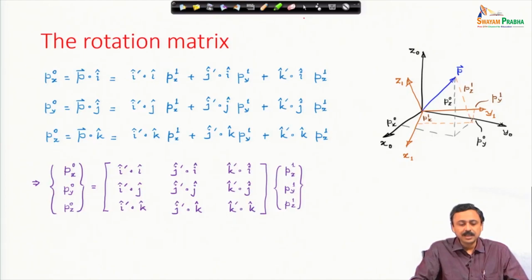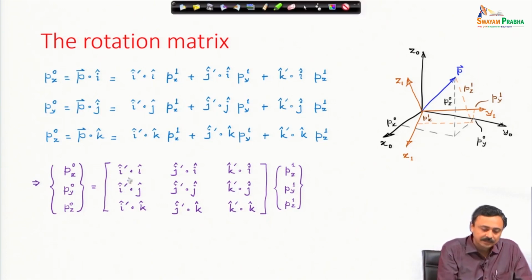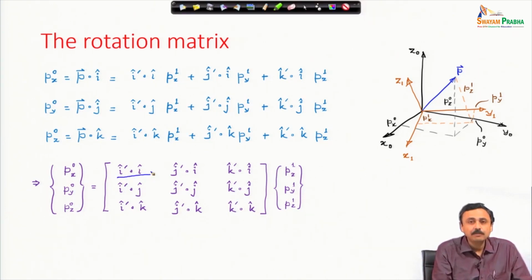Therefore, the left hand side I can write as a column vector p x 0, p y 0, p z 0, and the right hand side I can pull out p x 1, p y 1, p z 1 and write it as a column vector multiplied by this matrix. And what is this matrix? Let us look at this term I prime dot I. What does it mean?